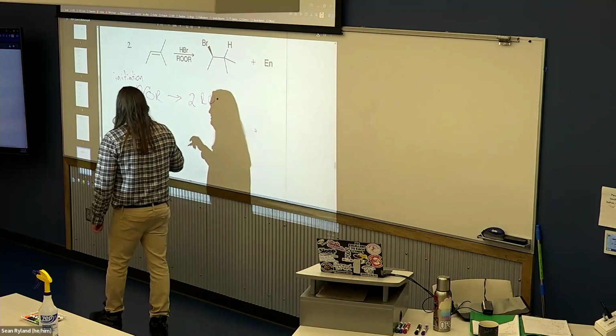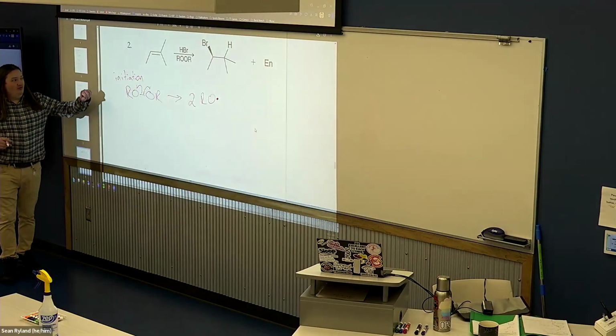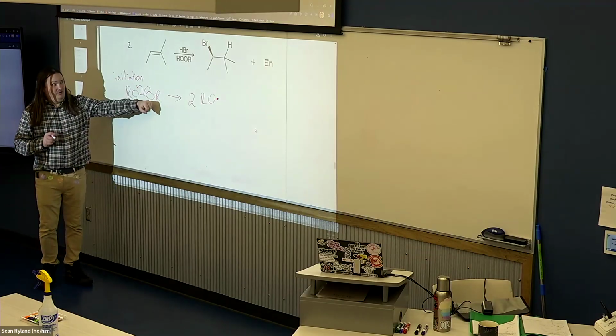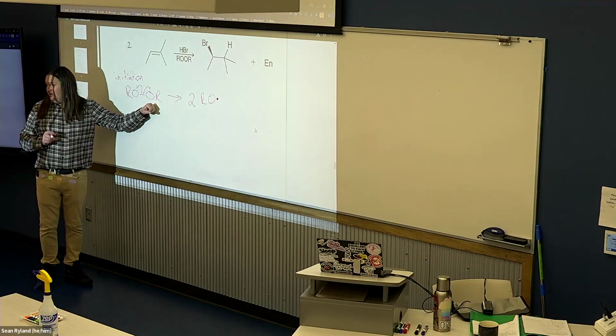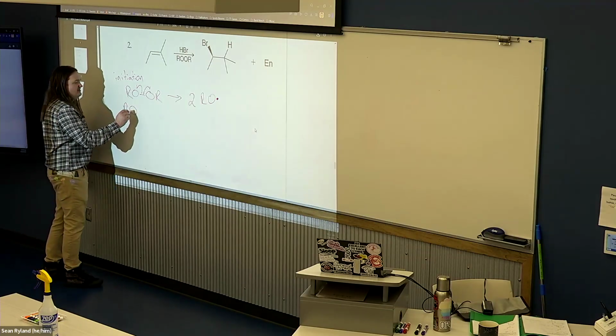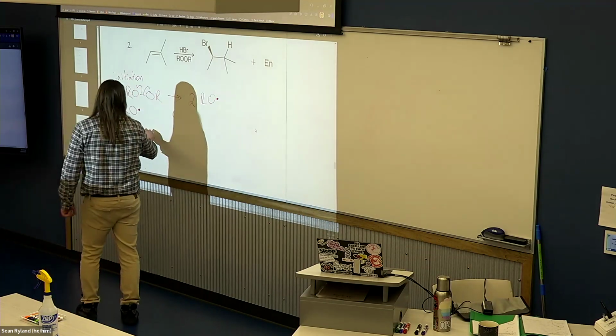The oxygen radicals, technically, because it's not going to add up to our overall reaction, we actually have 2 initiation steps for this one. Even though it technically looks like a propagation step, we're going to draw it like this.